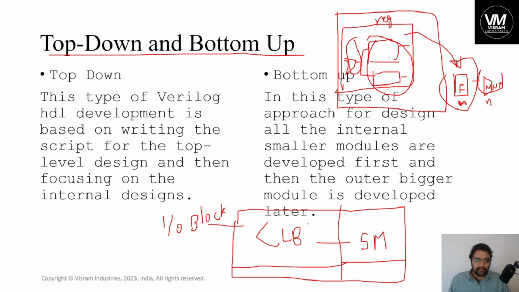First you declare smaller elements like OR gate, AND gate, and after you have written Verilog HDL code for each logic cell, then you write the Verilog HDL for this entire block of the module. So you are coming from the internal elements to the external top level design. That is nothing but the bottom up approach. Bottom means when you deep dive inside a block, you will be seeing logic cells.